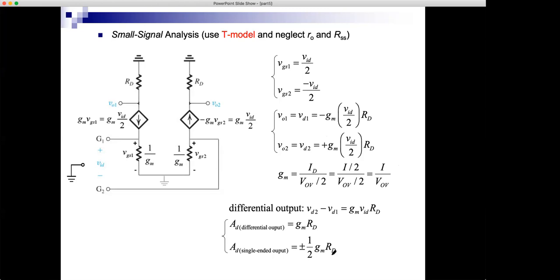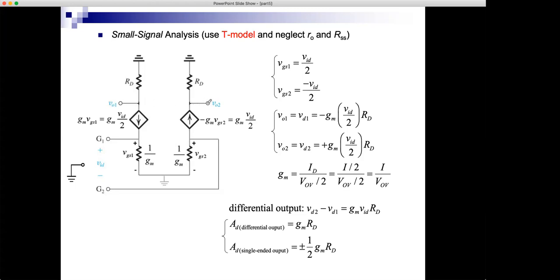So if GM times RD is 20, I get a gain which is minus 10. That's a very good result because it shows that if I have a difference between the two inputs, the output at the drain here is minus 10 times this difference. So 10 times bigger with an inversion.